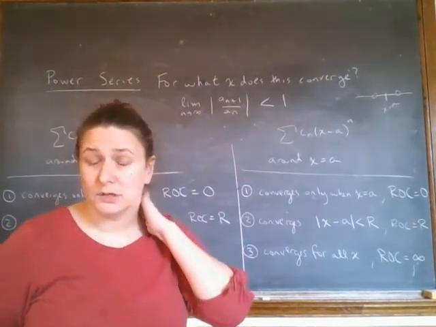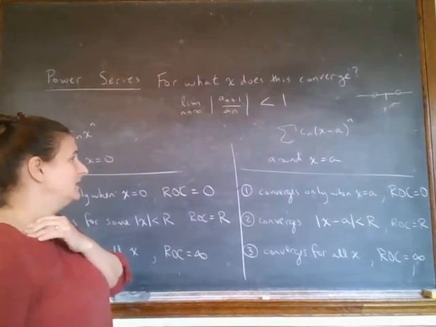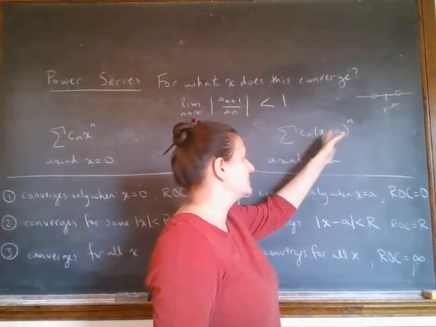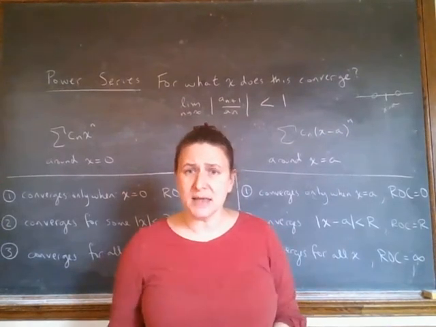I will also do an example or two where, instead of just being x minus 3 or something, it'll be like 2x minus 5, and then you have to mess around with it.